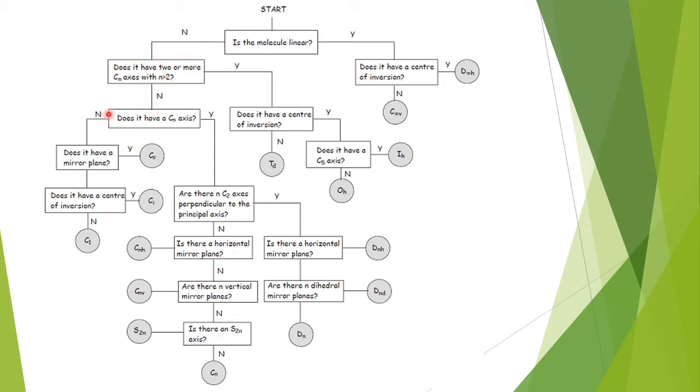We have to check, does it have at least one Cn axis? If it has at least one Cn axis, yes, are there n C2 axes perpendicular to the principal axis? If it has n C2 axes perpendicular to the principal axis, then is there a horizontal mirror plane?